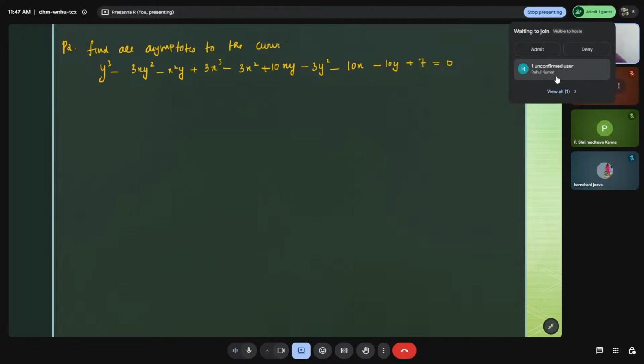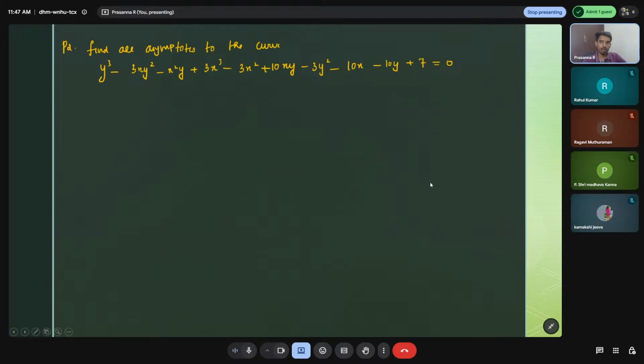So we need to find all asymptotes to this curve.